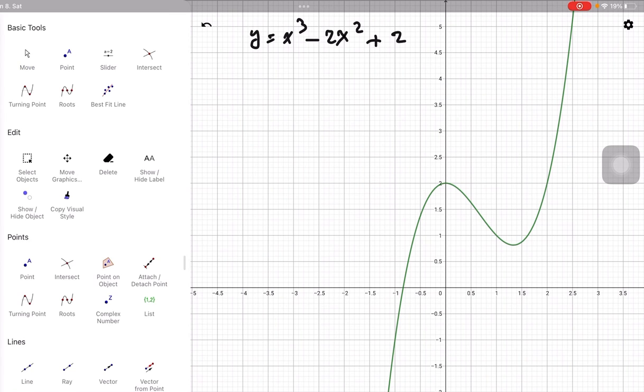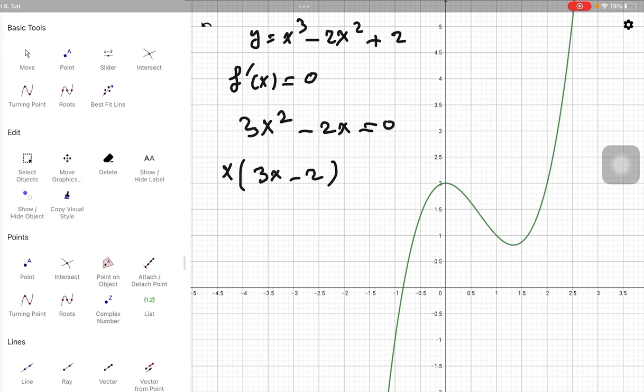maximum and minimum, we can say f prime x equals 0. In this case, the derivative will be 3x2 minus 4x equals 0. We can factor out x. X equals 0, and 3x minus 4 is 0.